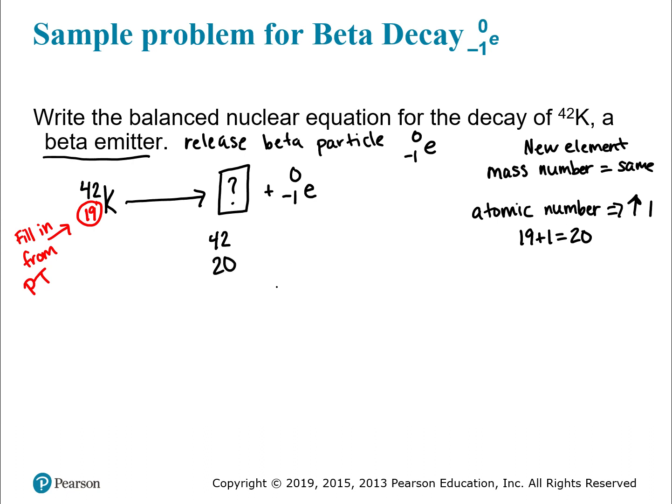You look up this atomic number. It will tell you the identity of the element. It's calcium. And to complete our problem, or our equation, this is the complete equation.